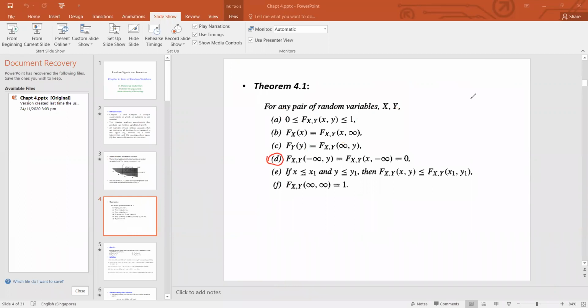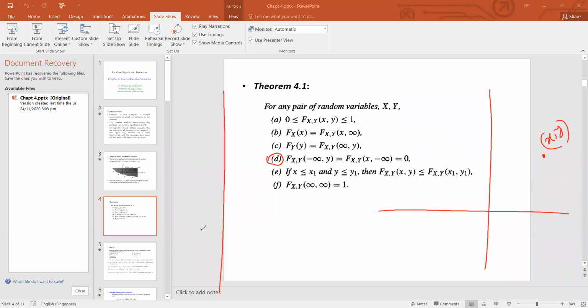Remember one thing, CDF. At this point, X, Y can be anywhere. If, for example, this X point is at minus infinity, beyond this there is no value.